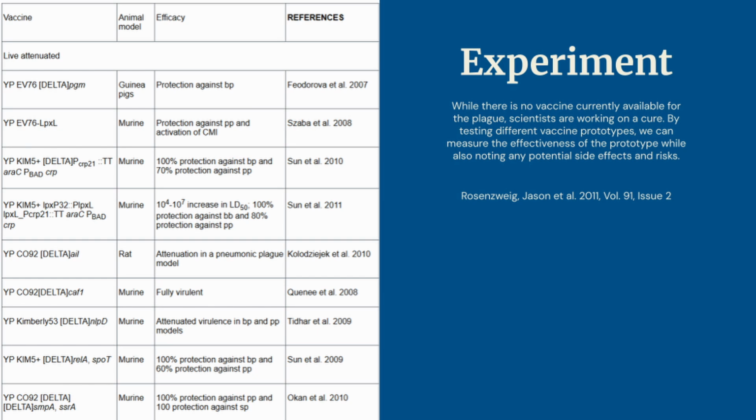Looking at the charts, you can see that the bubonic plague doesn't seem to be too hard to treat. A lot of these vaccine prototypes have 100% protection against the bubonic plague. It seems like the pneumonic plague is the one that's really hard to get at. Just looking at these charts, there's only one that has 100% protection against the pneumonic plague, but that one does not have protection against the bubonic plague.